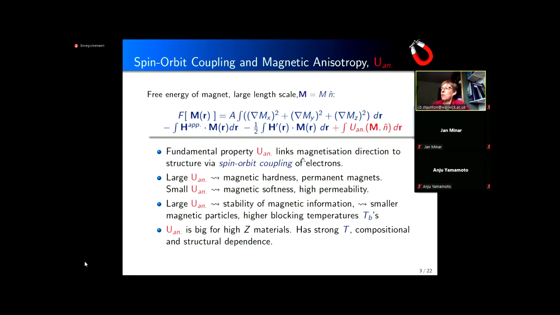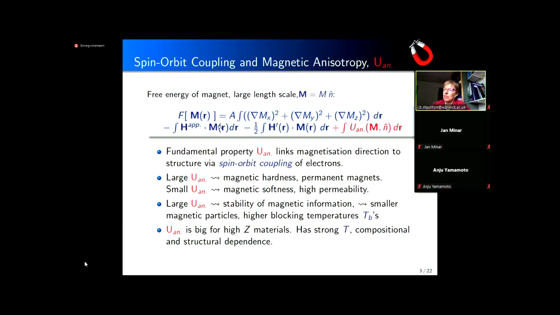To complete the picture, the first term in this free energy expression is largely coming from the exchange interactions. That gives the energy cost of modulating the magnetic structure through the material, so as you tilt the magnetization throughout the material, you get this energy cost.